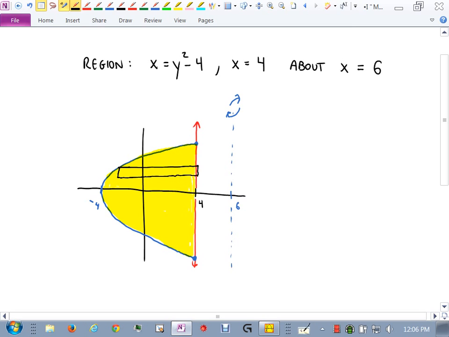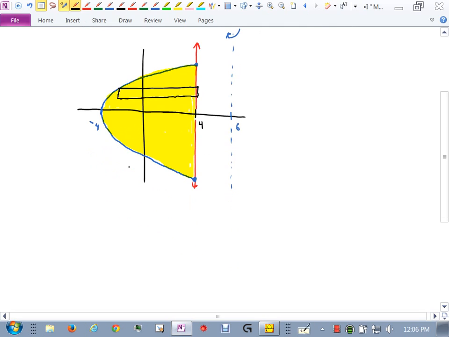So let me draw a picture. I think I'll do this one below it. I have my y-axis. I have my axis of rotation. I have my rectangle in here. I have the blue curve that's cutting here, and I have the red curve, which is a straight line that's there.